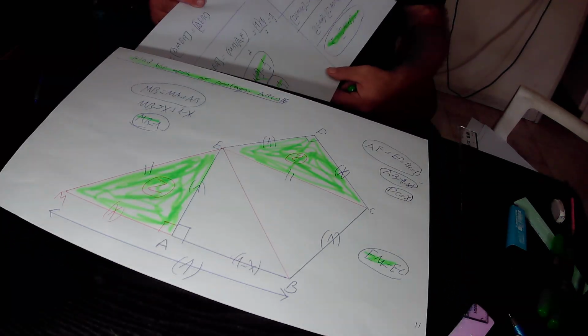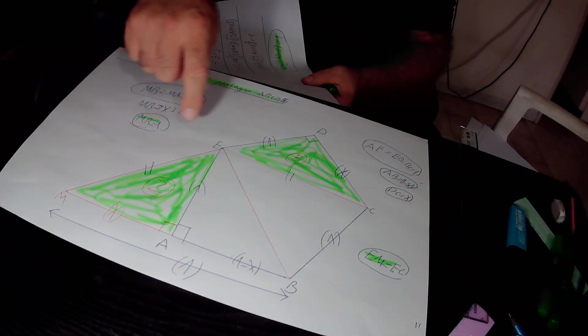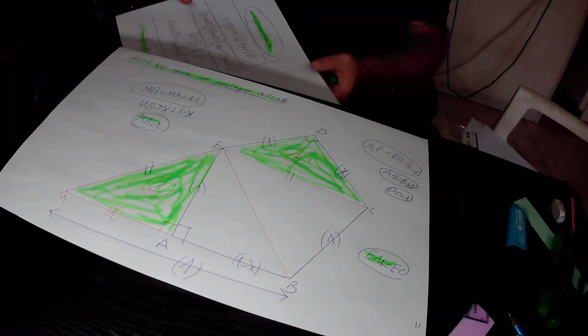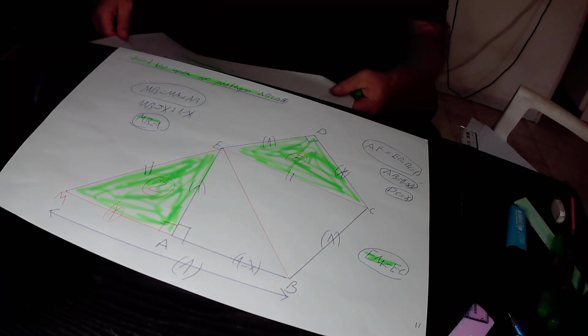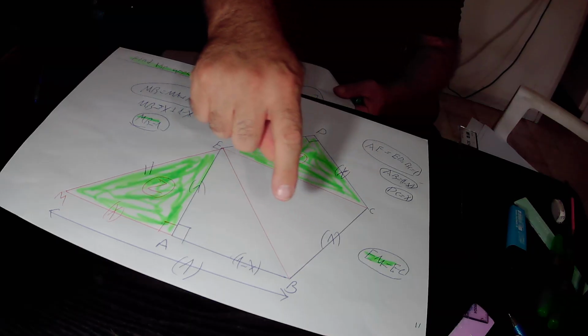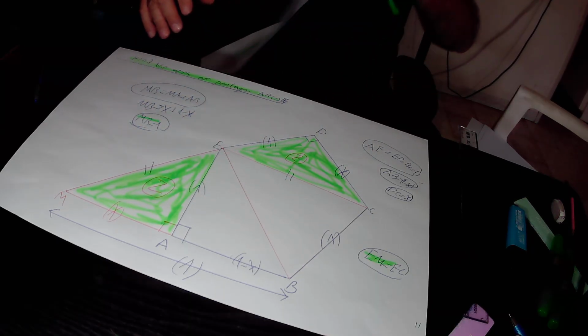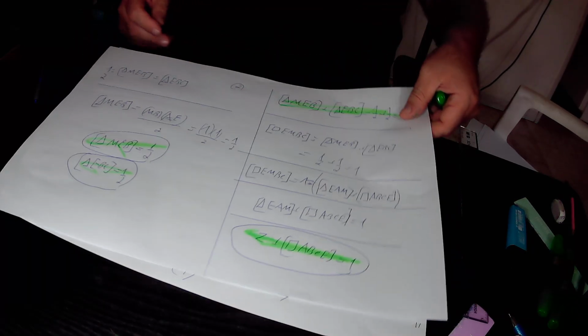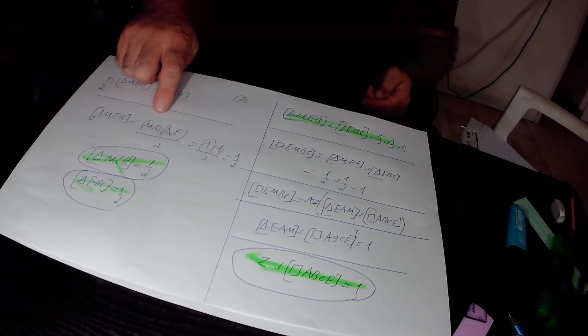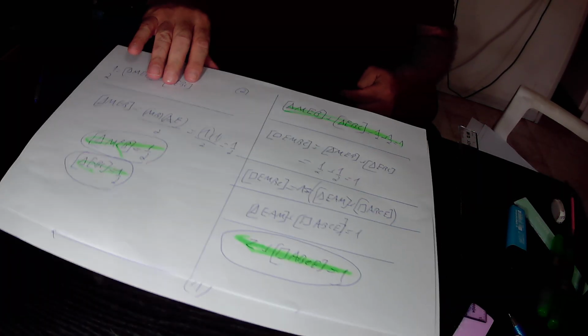In the next step, we find out the area of this triangle MEB. The area of triangle MEB is equal to the base MB times the height AE over 2.